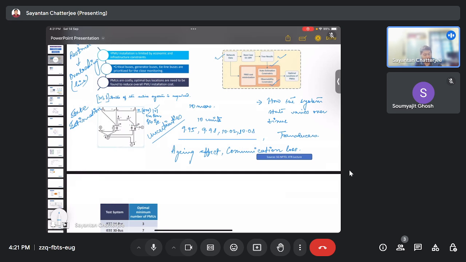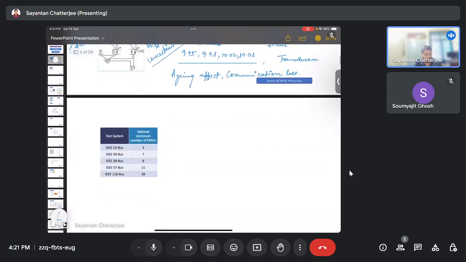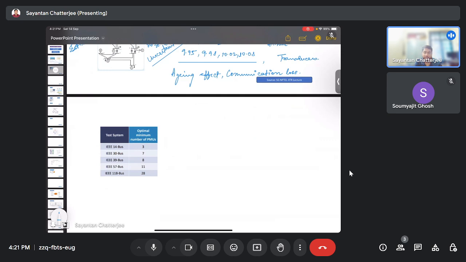The optimal number of PMUs that can be placed are 3 for IEEE 14 bus, 7 for IEEE 30 bus, 8 for IEEE 39 bus, 11 for IEEE 57 bus, and 28 for IEEE 118 bus.